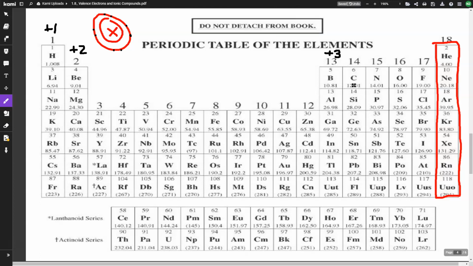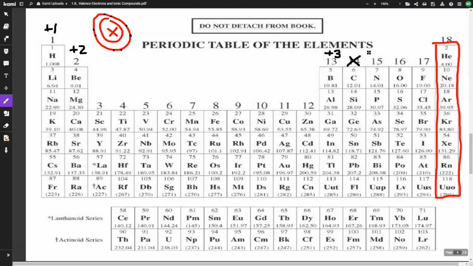14, our group with carbon in it, has 4. So it can either gain or lose, but you're not usually going to see that, so we'll disregard that column. Here's where it gets a little tricky. Our group with nitrogen, group 15, has 5 valence electrons. It's easier for it to pick up 3 more electrons to get to 8 than to lose those.